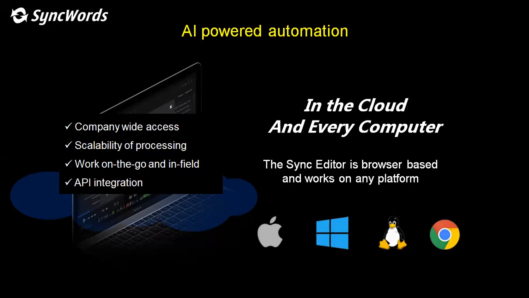All the ingest stations can send video media to get processed. And it's something that you can use on the go, whether you're traveling, or in the field, let's say you're a reporter or someone doing an interview in a remote location. You can leverage this as long as you have internet access.